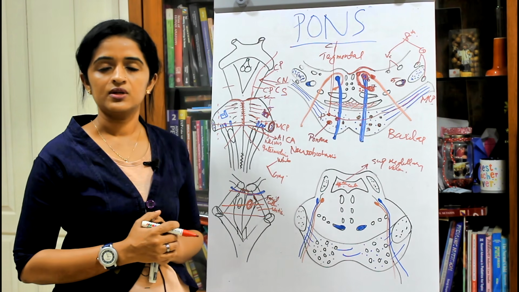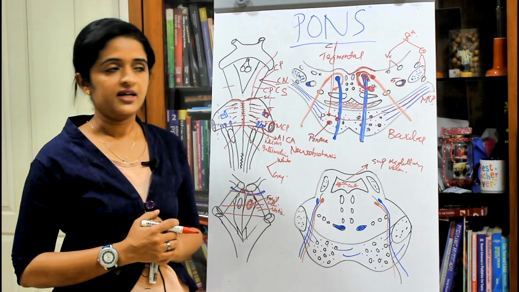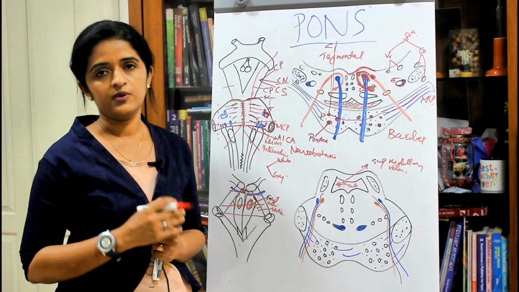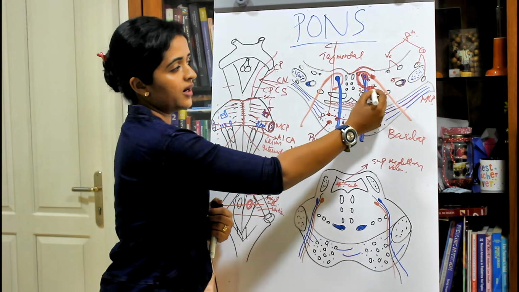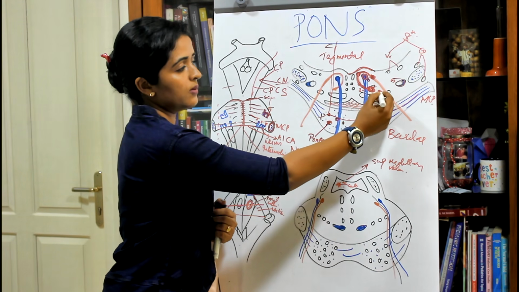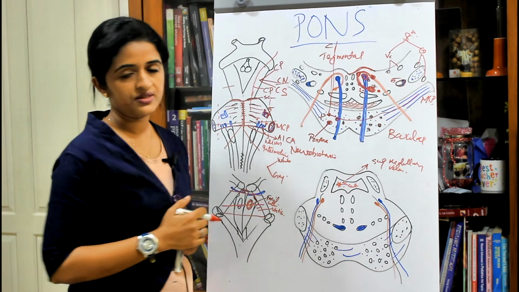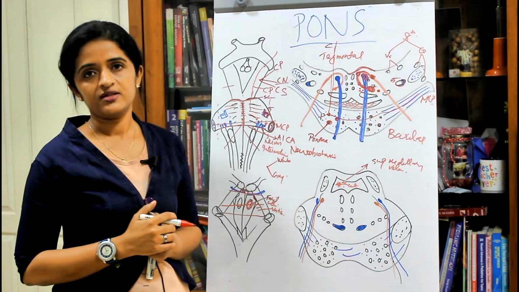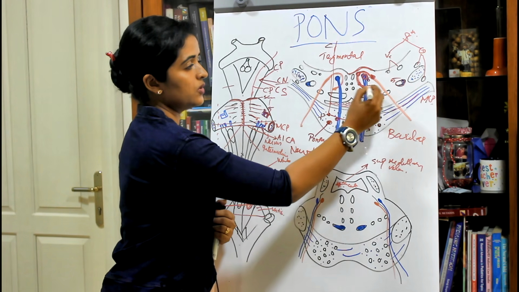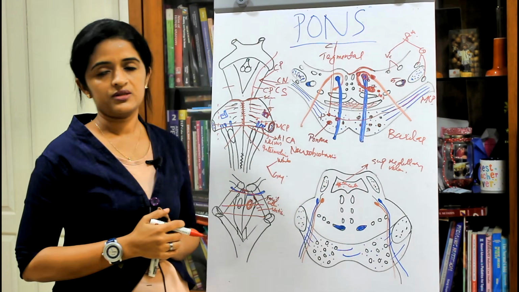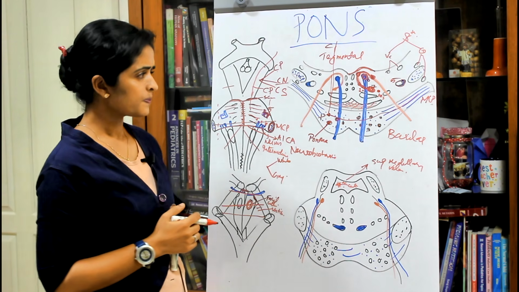The inferior salivatory nucleus goes to the parotid gland, and is a component of the glossopharyngeal nerve. And lateral to the motor part, you can see one more nuclear complex, known as the nucleus tractus solitarius. So these are the 2 groups apart from the 5, 6, 7 and 8 cranial nerve nuclei.